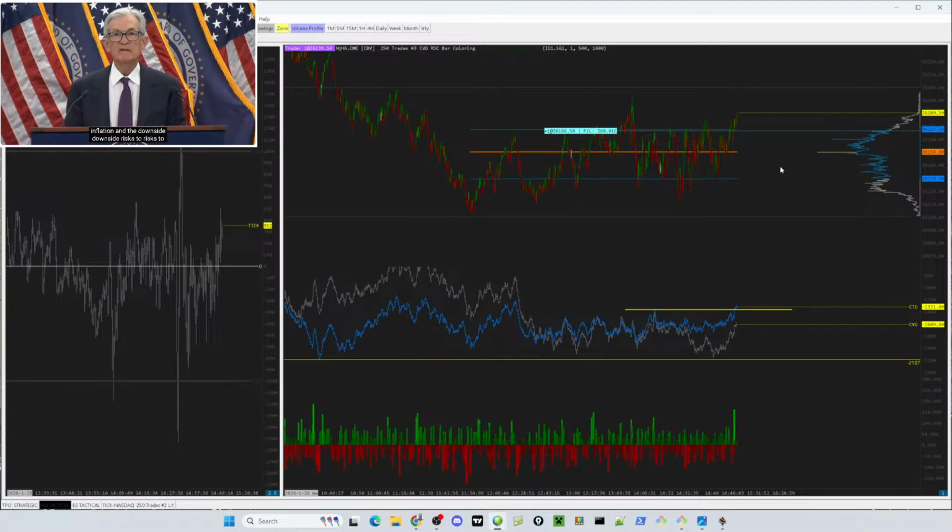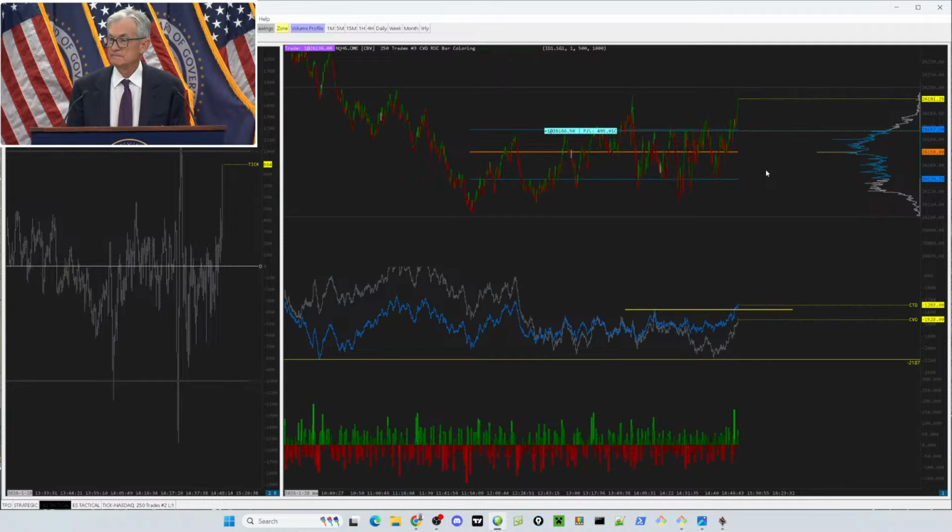Are they fully in balance? Hard to say. And we think our policy's in a good place. I've just discussed reasons why we might change our policy, and we'll just have to see how the data lead us.